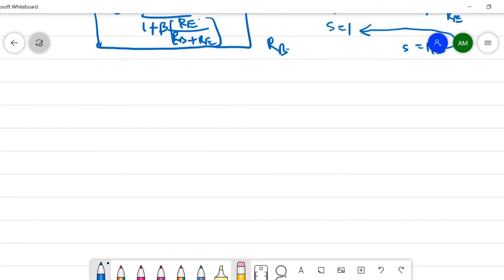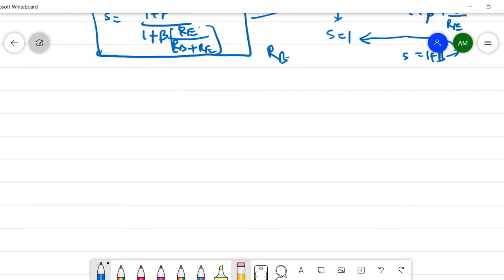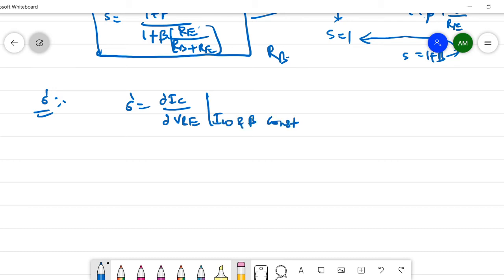Next, find out the stability factor S dash. Already we know the stability factor S dash is defined as the rate of change of IC with respect to VBE, keeping ICO and beta constant.